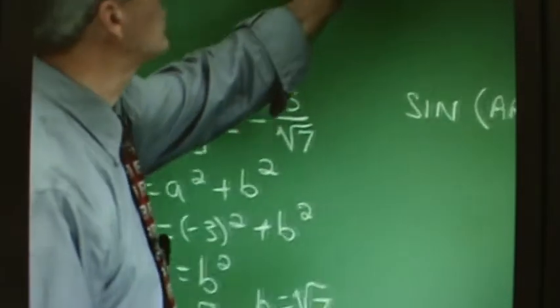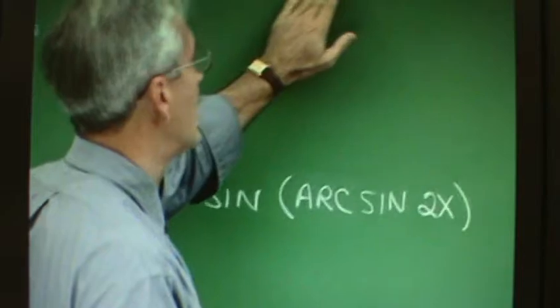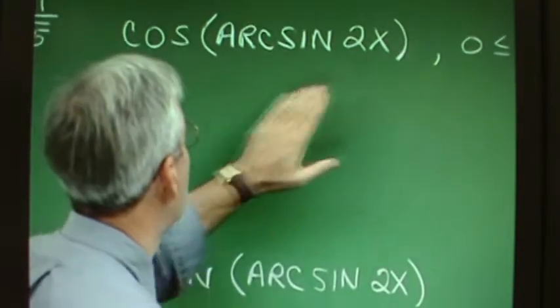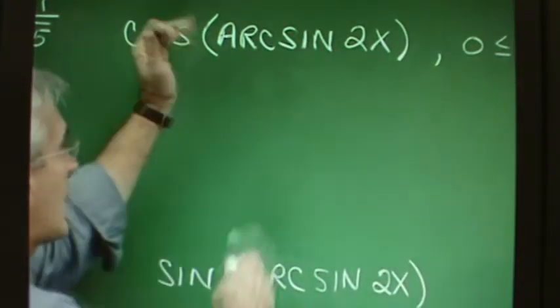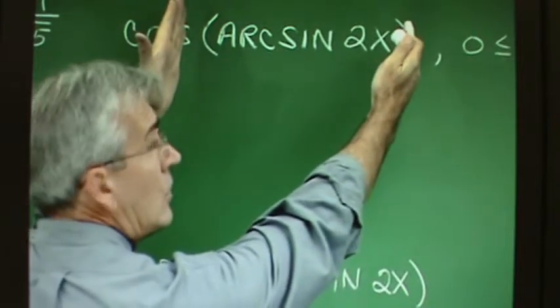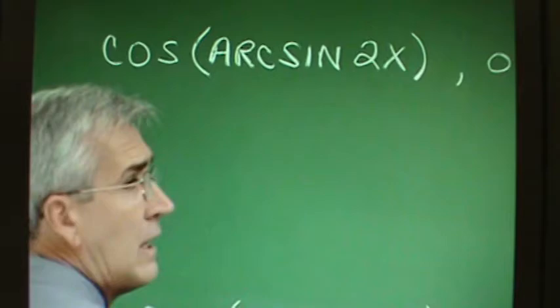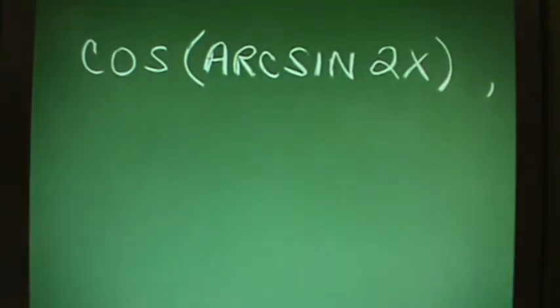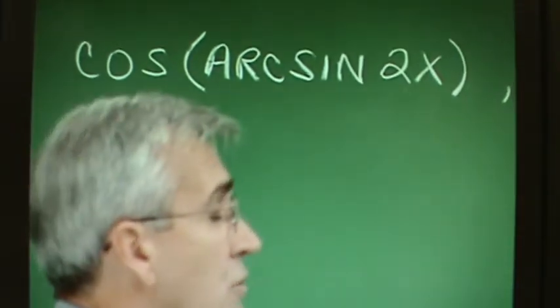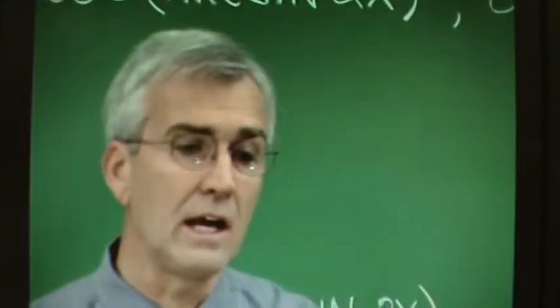This is the cosine of the arc sine of 2x. Now, arc sine 2x is a request for an angle whose sine is 2x. Wow, we have a variable in here. Now, we have to be a little bit careful. We know that the sine of angles is a number between negative 1 and 1.